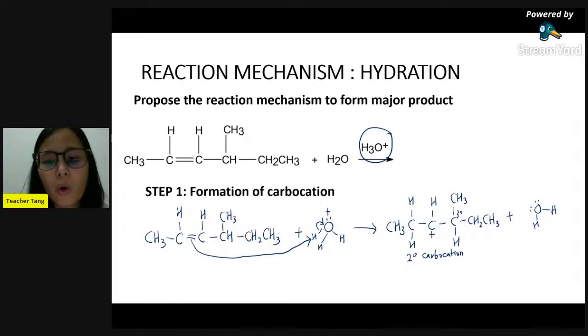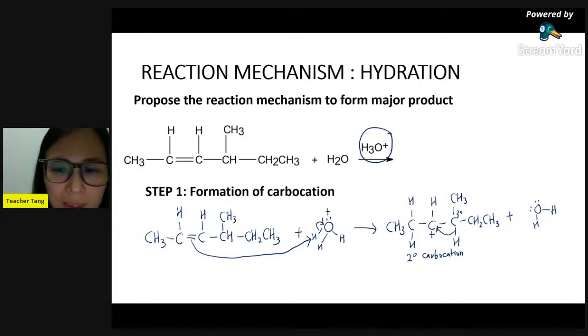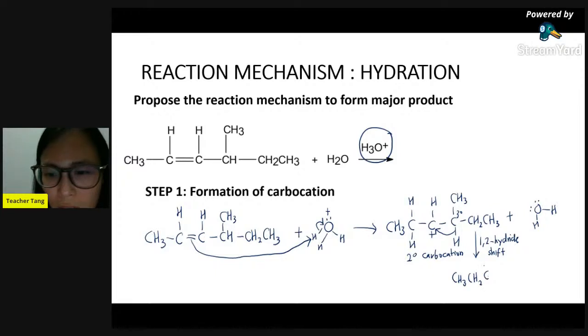So how to form more stable carbocation ion? Again, rearrangement will occur. Here, also the same thing. 1,2 hydride shift. So to give CH3, CH2. So here, H bring over, so CH3, CH2, CH3, so positive charge here.